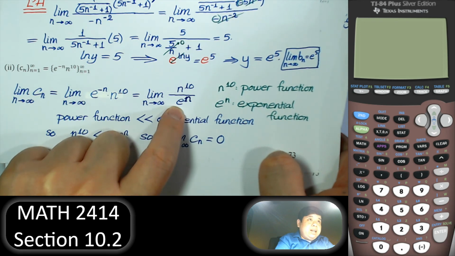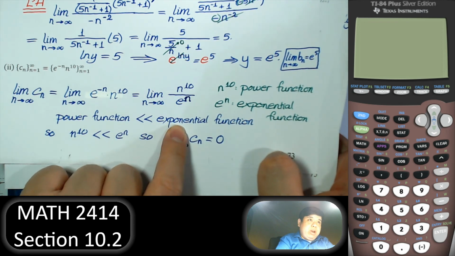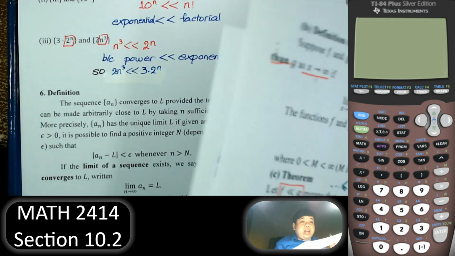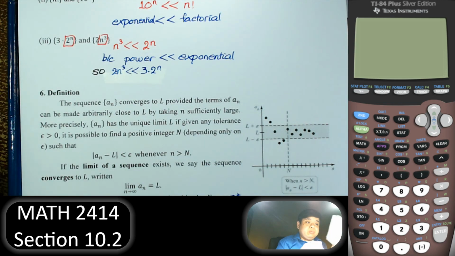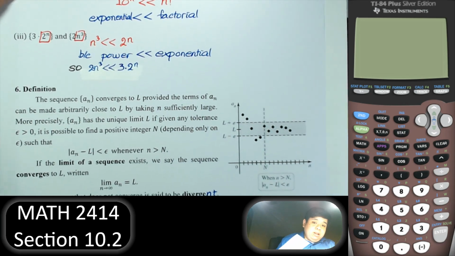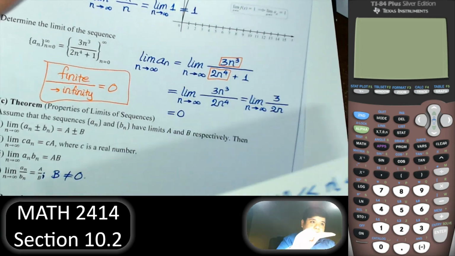Power is significantly less than exponential function, so with the bigger one on the bottom, it goes to 0. So it helps us find the limit that way too, not just ranking them. That's why this is very important, so keep this handy.